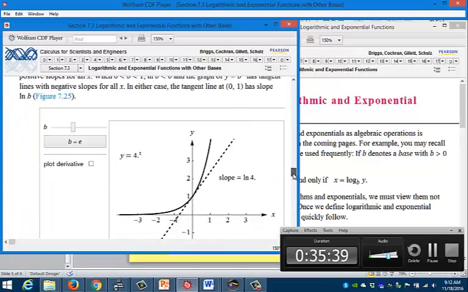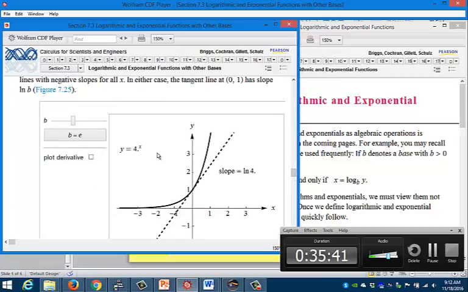Ah, yeah, this is kind of nice. So here I have 4 to the x, and they're saying, look, guys, the slope right there is the natural log of 4. Or if I want a larger base, here's 5.61 to the x, and the slope at 0, 1. All these functions go through 0, 1.